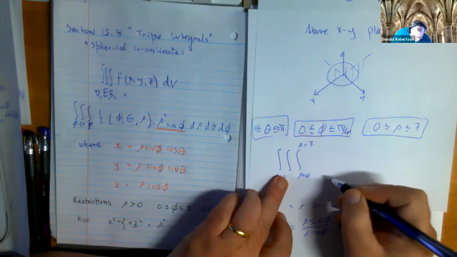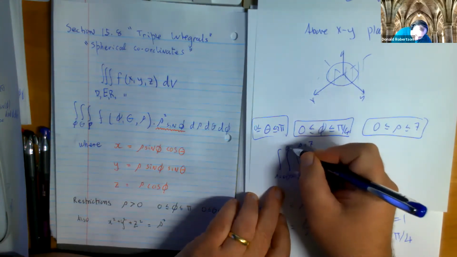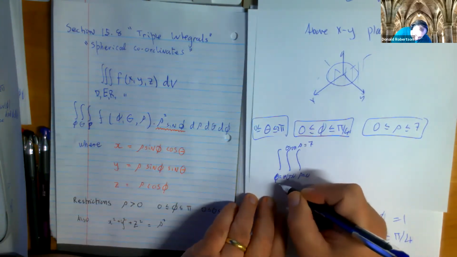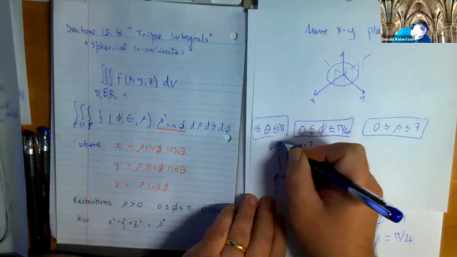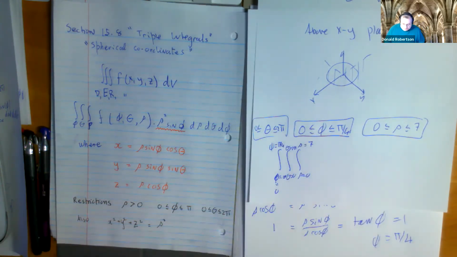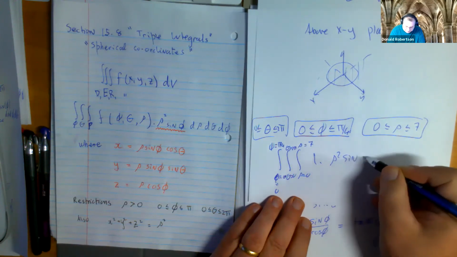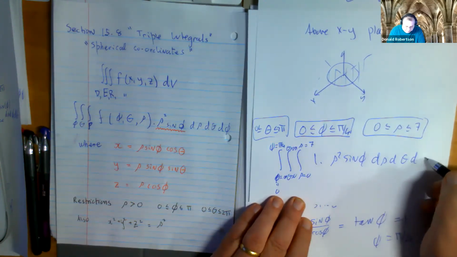We'll do the rho's first. Put the thetas in the middle. And do the phi's at the end. Of 1, then you do rho squared sine phi d rho d theta d phi.